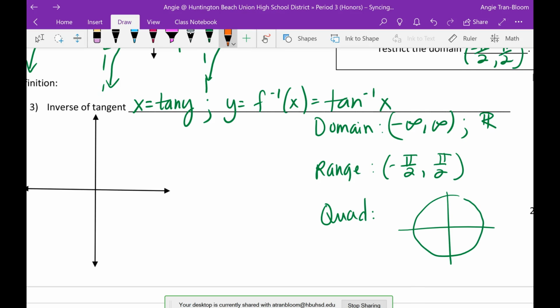What quadrants is tangent inverse in? 1 for sure, because that's positive pi over 2. What else? Where's negative pi over 2? Right here, right? Don't we go clockwise? So 1 and 4. Just a hint: none of the inverse functions are ever in quad 3.